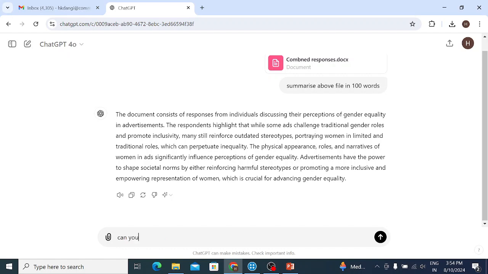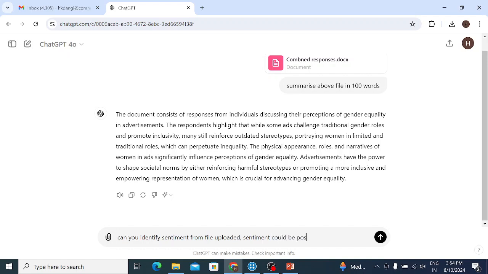Can you identify sentiment from the file uploaded? Sentiment could be, depending upon whether you want positive, negative, or neutral, right?